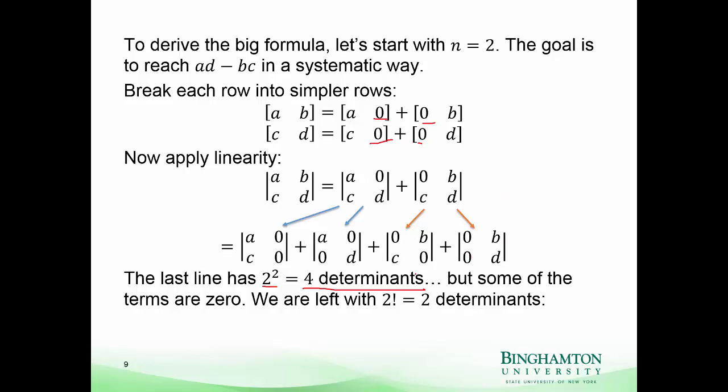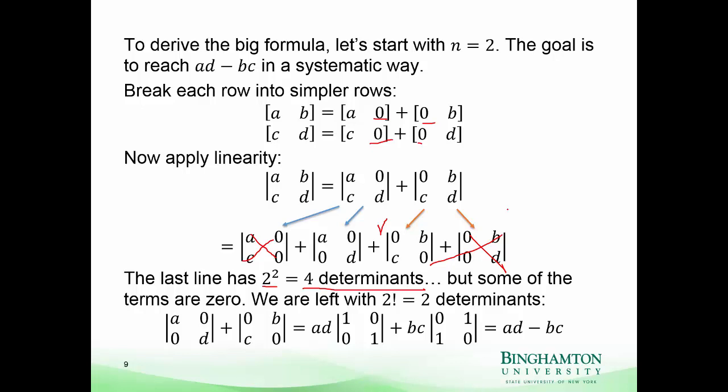In fact, two of them will be 0. So this one will be 0, and this one will be 0, if you think about how to compute those 2x2s. So we're left with just this one.